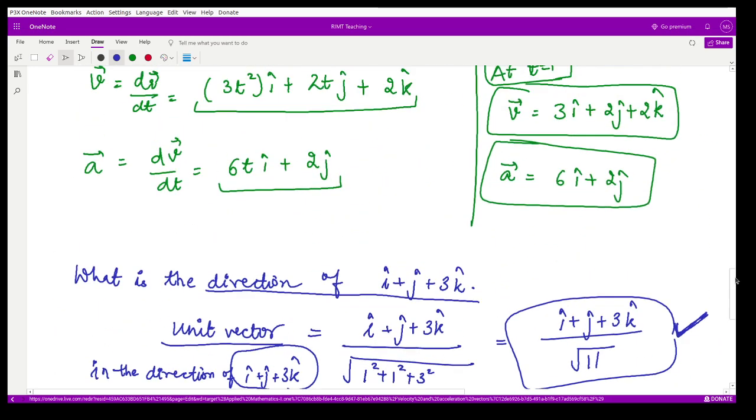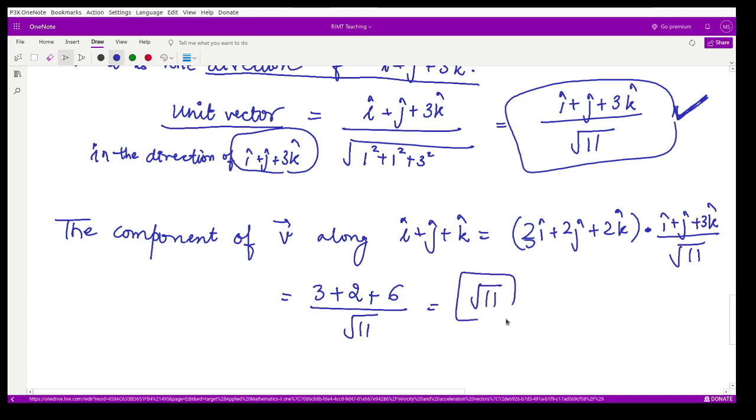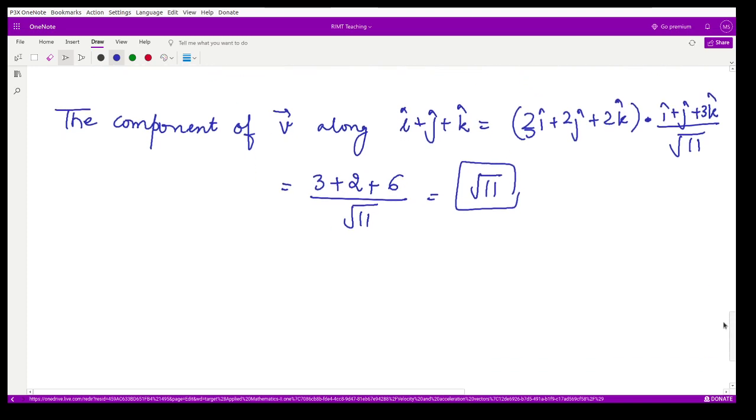And what was our velocity vector? It was equal to 3i cap plus 2j cap plus 2k cap. So when you compute this, it comes out to be 3 into 1, that is 3, plus 2 into 1, that is 2, plus 3 into 2, that is 6, divided by square root 11. So this is equal to square root 11. This is the component of velocity in the direction of the given vector.